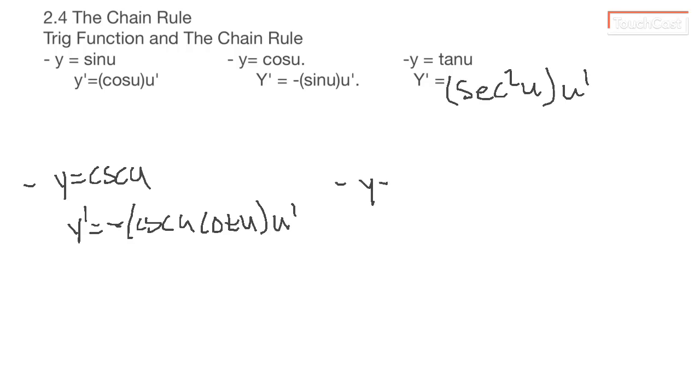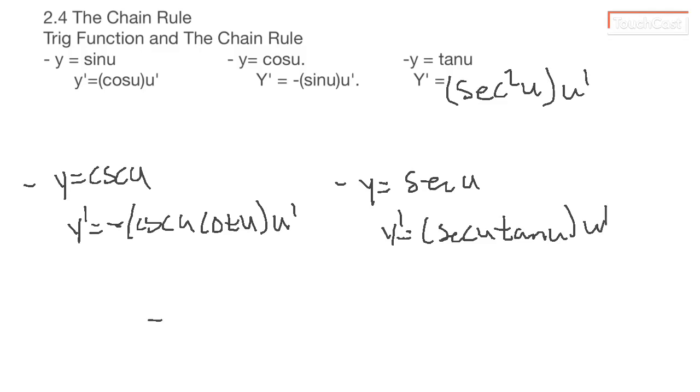If y is equal to secant u, then y prime is going to be secant u tangent u times u prime. And finally, if we have y equals cotangent u, then the derivative is going to be negative cosecant squared u times u prime.